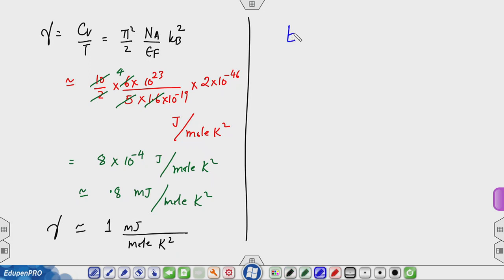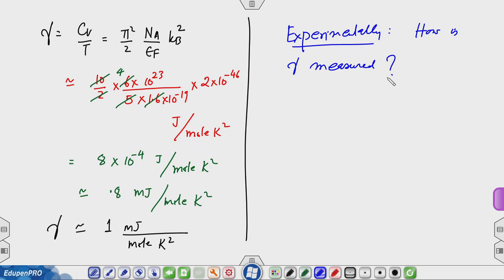Experimentally, let us ask this question: how is gamma measured? So, what is done is one measures the Cv and plots Cv over T with respect to T square.